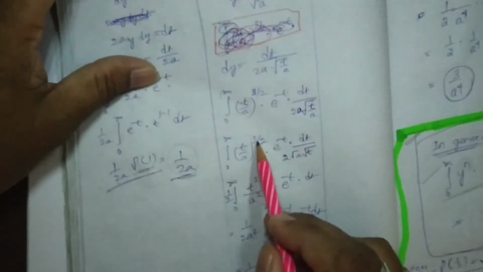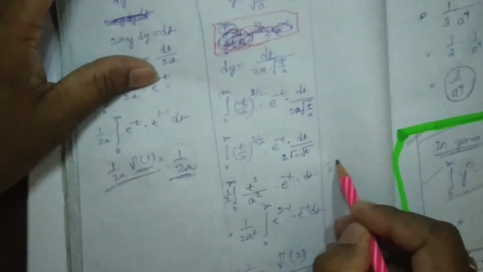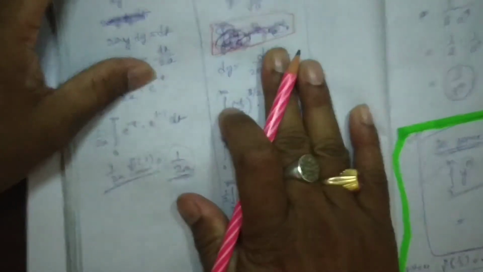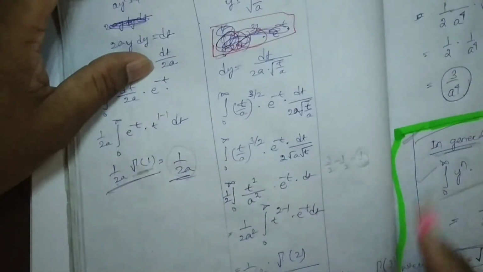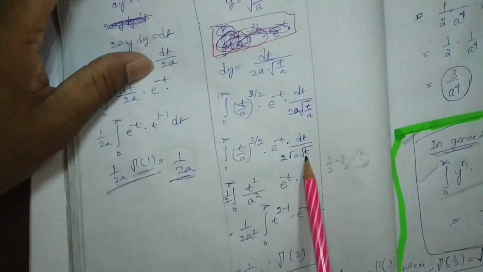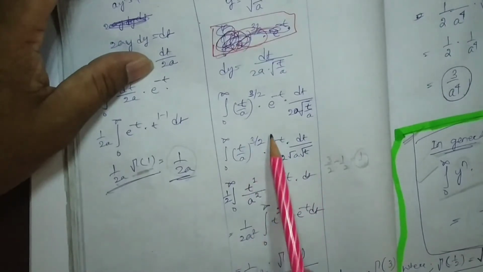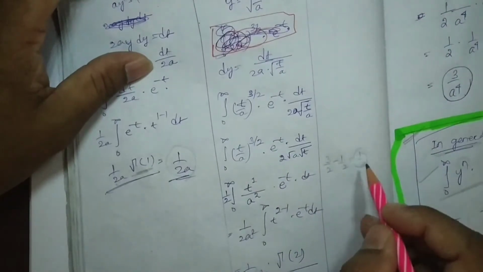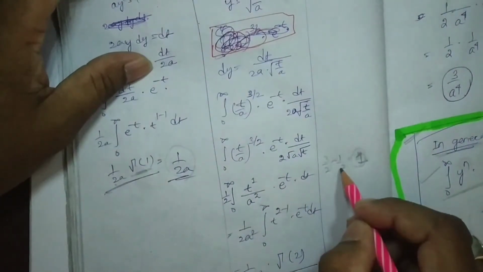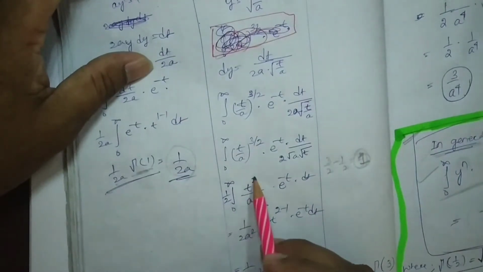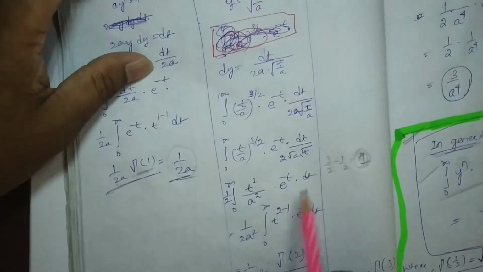So t to the power 3 by 2 minus 1 by 2 will be how much? 3 minus 1, 2 by 2, equal to 1. Got my point? So it will be t to the power 1 into e to the power minus t dt by a square.